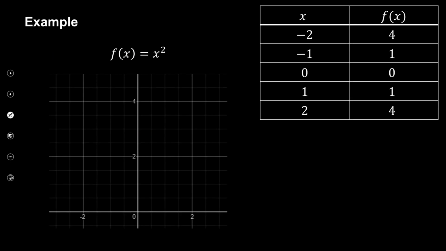Now on a Cartesian plane, to plot this, 0 goes with the 0 there. 1 goes with 1, so 1 will be somewhere here, which will go with 1, which is somewhere there. And then negative 1 will also go with 1. Negative 2 goes with positive 4, so it's there. Positive 2 goes with positive 4.